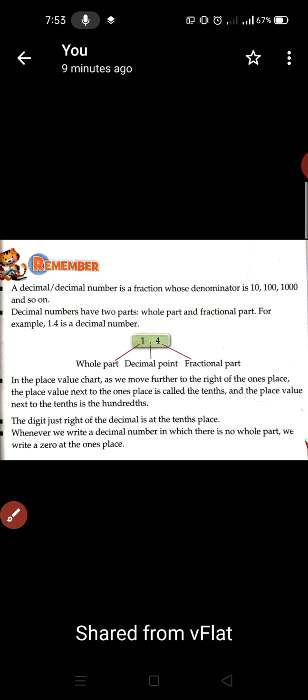In the place value chart, as we move further to the right of the ones place, the place value next to the ones place is called tenths, and the place value next to the tenths is called hundredths, and so on. Next point: the digit just right of the decimal is at the tenths place. If you take one example, 5.6, this is the ones place and this is the decimal point.